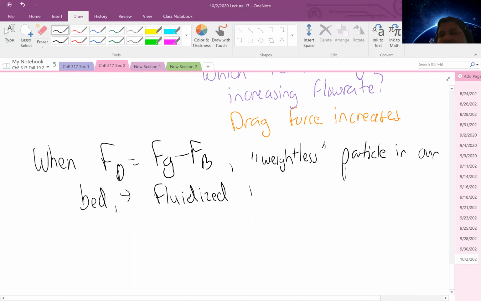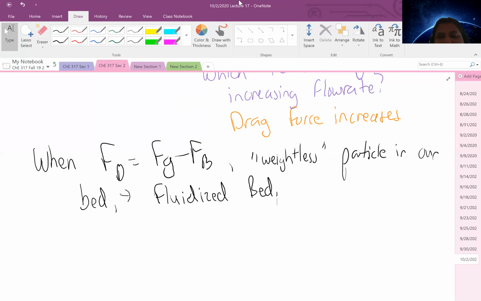Because the drag force being exerted on the particles by the fluid has overcome the gravitational forces keeping the packed bed in place. And so with that force essentially being canceled out, the particles exist in a fluid-like state, which we consider a fluidized bed.